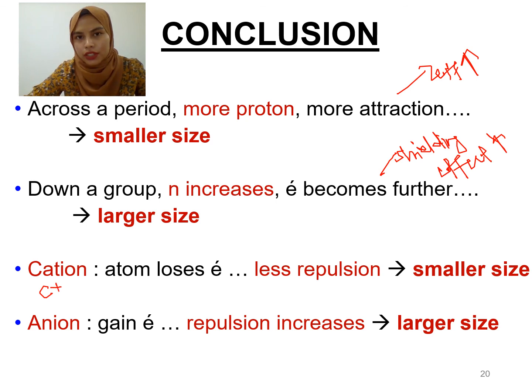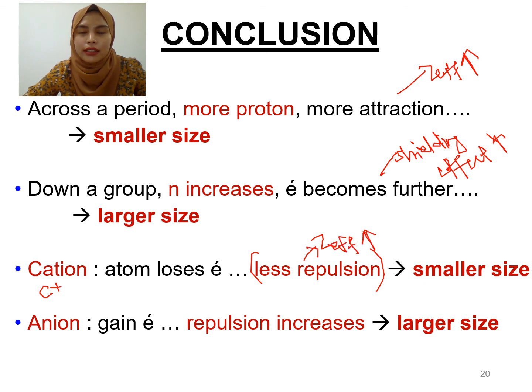Why does it carry a positive charge? Because the atom loses electrons. When the atom loses electrons, it gets a positive charge. Therefore, there will be less repulsion. With less repulsion, it contributes to Zeff. The effective nuclear charge increases. So when Zeff increases, the size of the ion will be small.